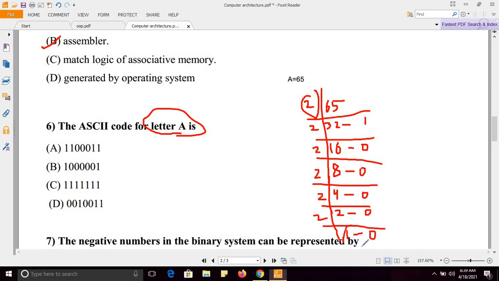So right answer is 1 0 0 0 0 0 1, option B.